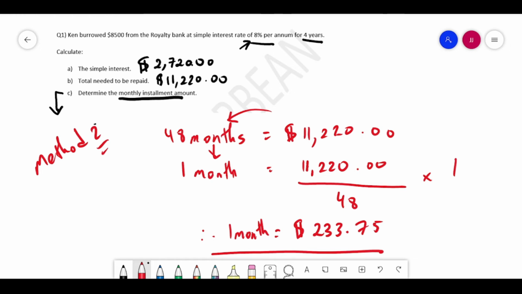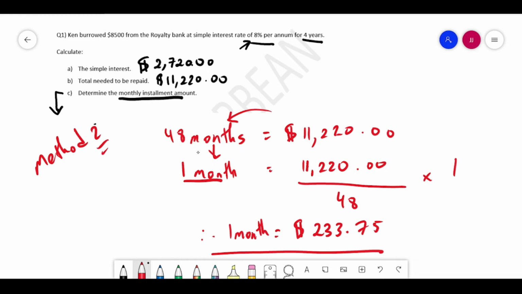That seemed a bit easier. I hope you understand that. So basically, we put down what we want to find on the left. On the left, we have 1 month. So we put down 48 months is equal to the amount of cash. But we want to find for 1 month how much it will be. So it will be 1 month is equal to $233.75. Again, we put on what we know on the left.